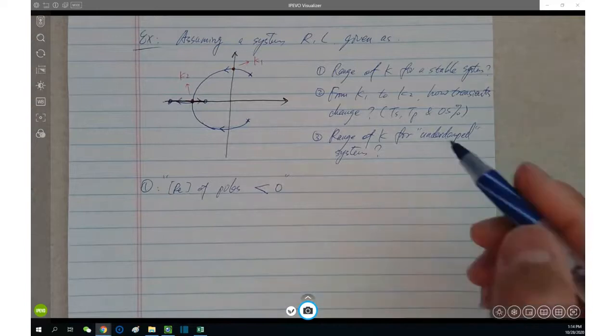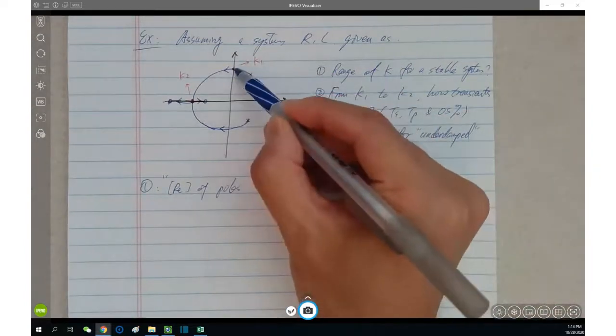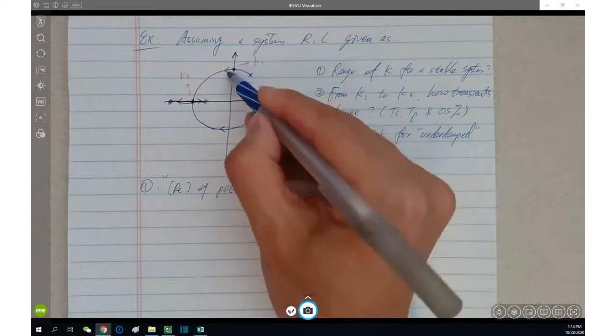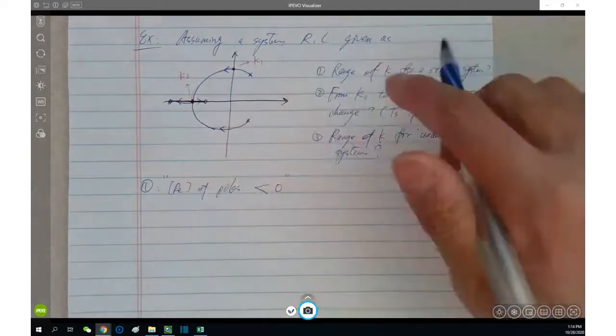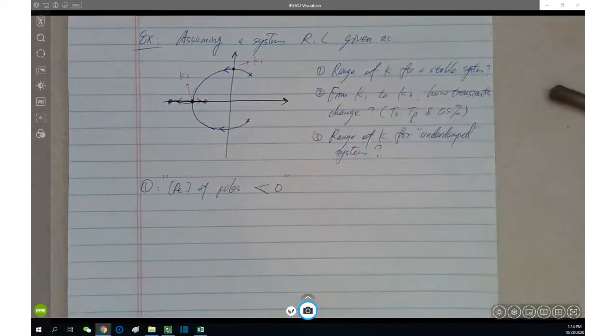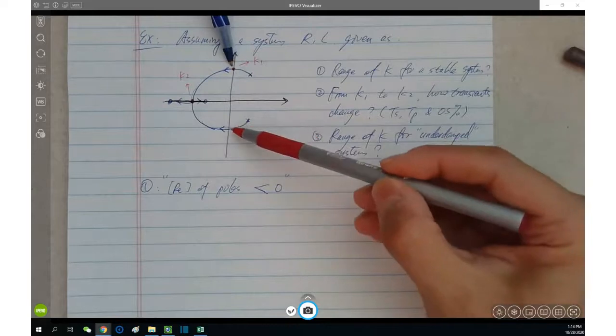Well, look at the variation of the locus. It's moving towards the left, right? I'm using 2 pens. Look at the tips.